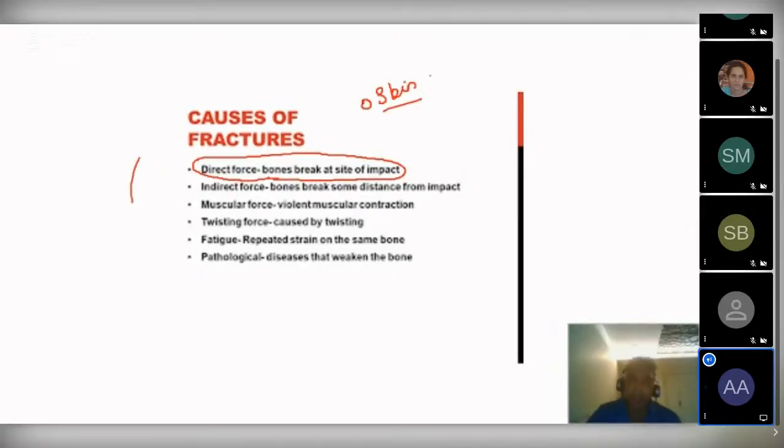There can be ecchymosis, or there can be abrasion, there can be CLW, directly on the fracture site. Understand? So before the fracture or the bone fails, the skin and connective tissue fail. So with direct force, the bones break at the site of the impact.